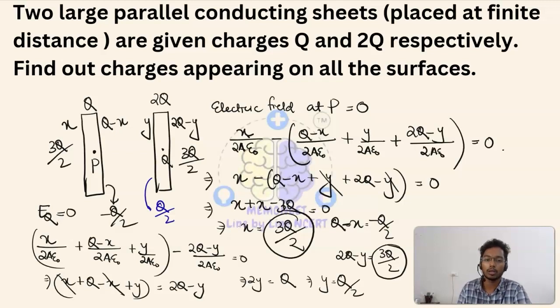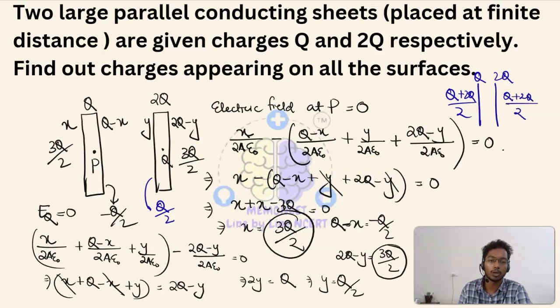Let's say we have two conducting sheets with charges q and 2q. Find the mean here, that is q plus 2q upon 2, and here the charge present will also be q plus 2q upon 2. This will be equal to 3q by 2, and this will also be 3q by 2.